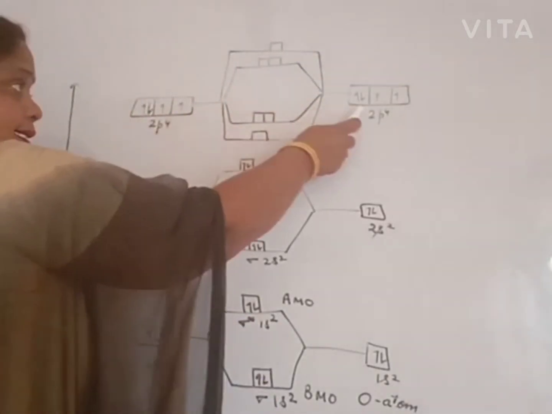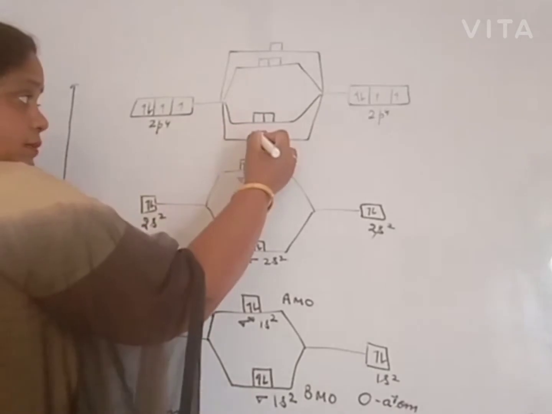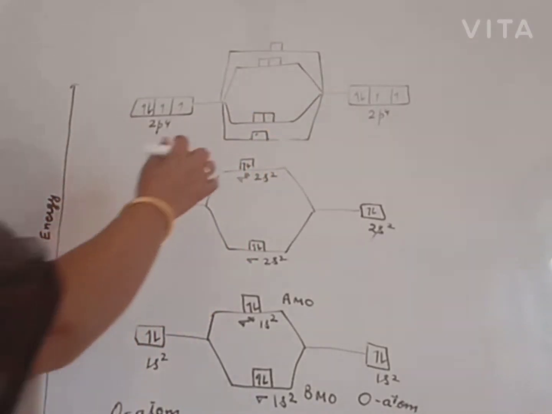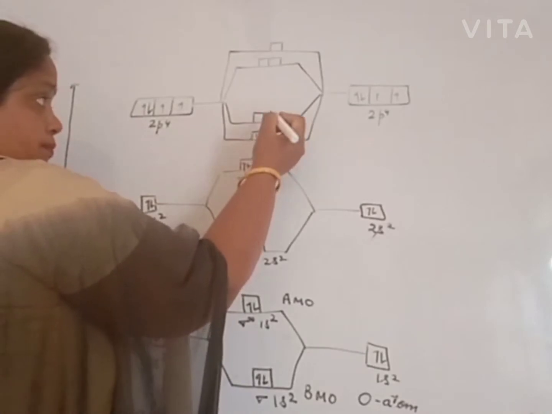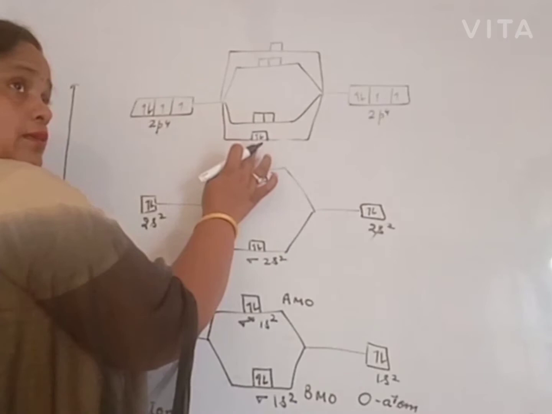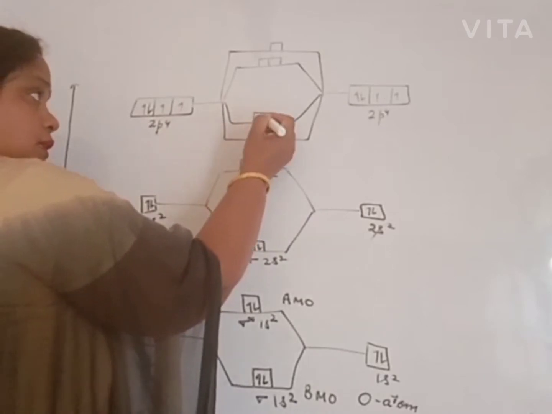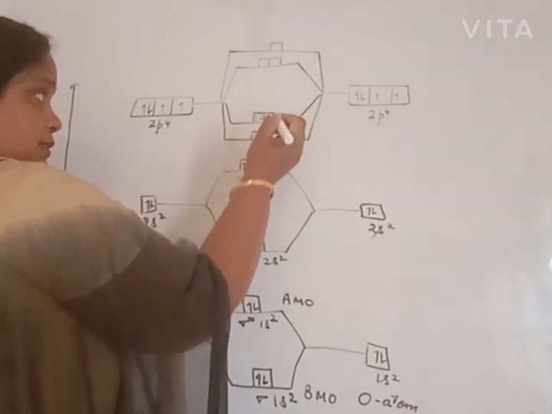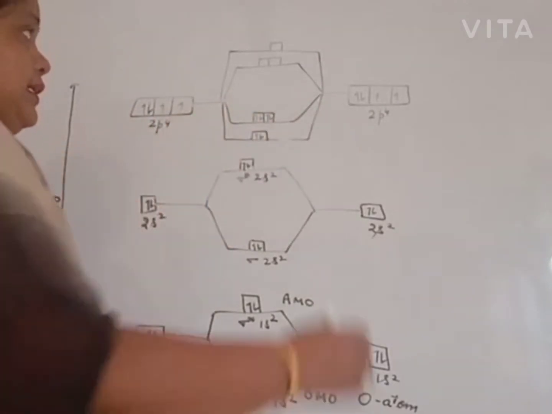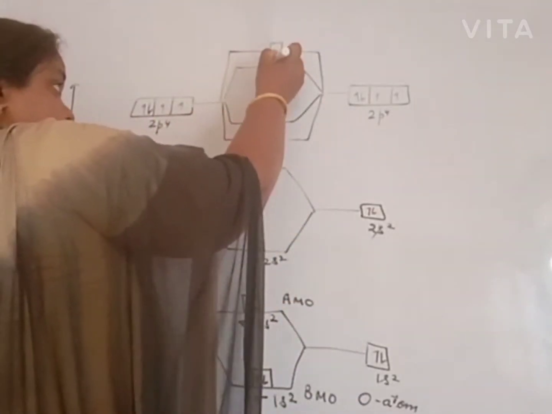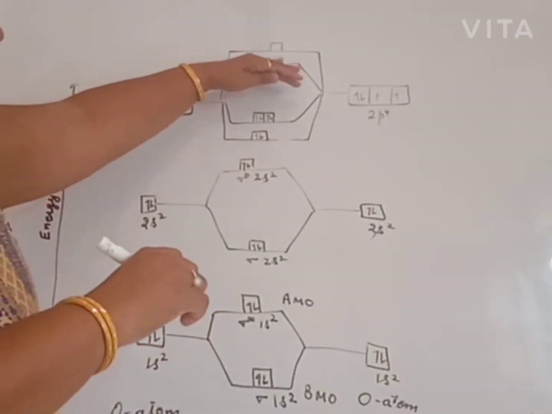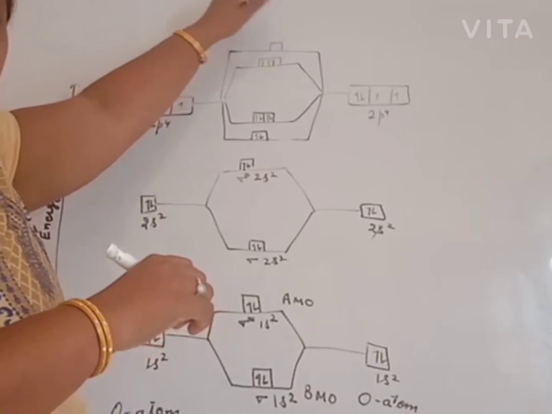We have a total of 8 electrons. First of all, fill electrons in the lower energy level, then into the higher. 1, 2, so out of 8, 2 are filled. Remaining 6: 3, 4, 5, 6. Then the remaining 2 go on the upper side. According to Hund's principle, if the energy level remains the same, each orbital is half filled.